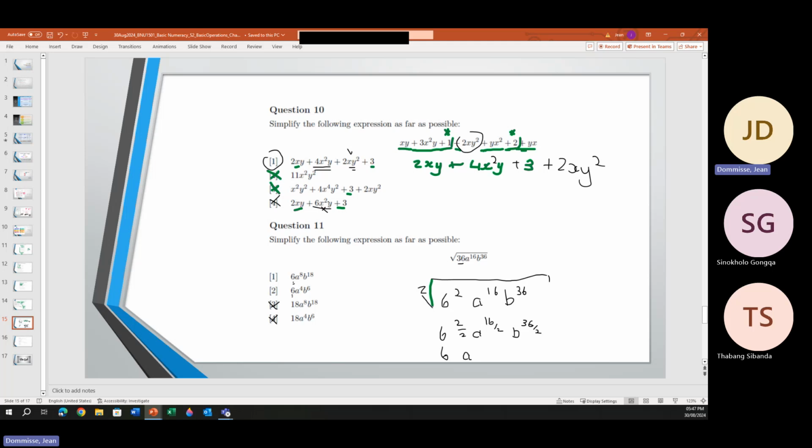A, 16 divided by 2 is 8. So let's look. A8, A4. So already we know that 1 is going to be our answer that we're looking for. But let's just check. So B, 36 divided by 2 is 18. So there we have B to the power of 18.